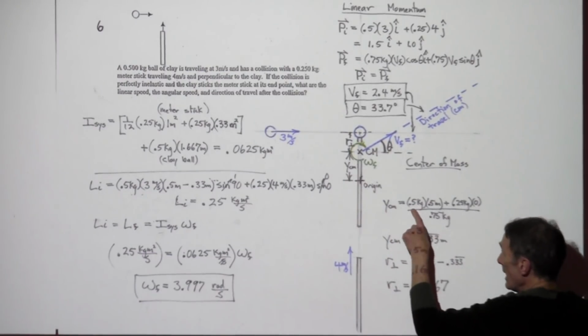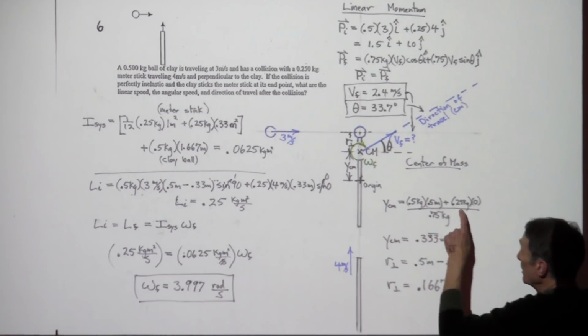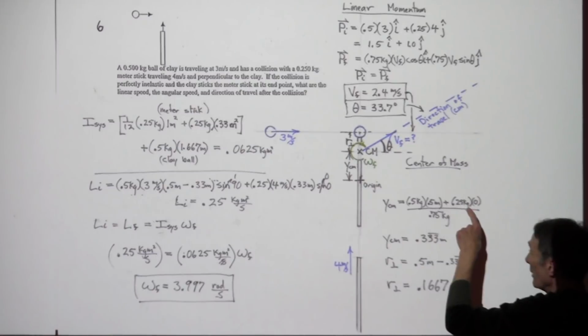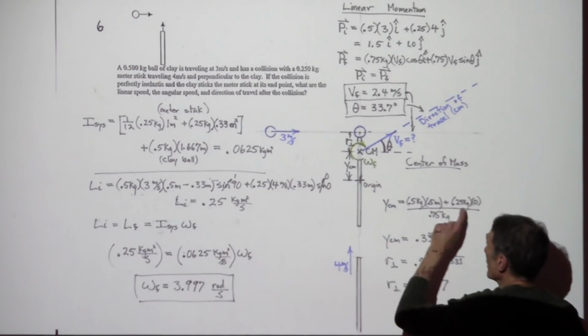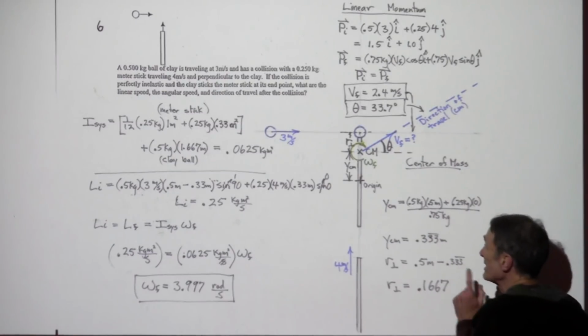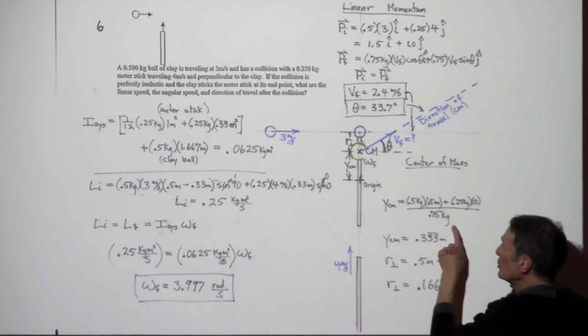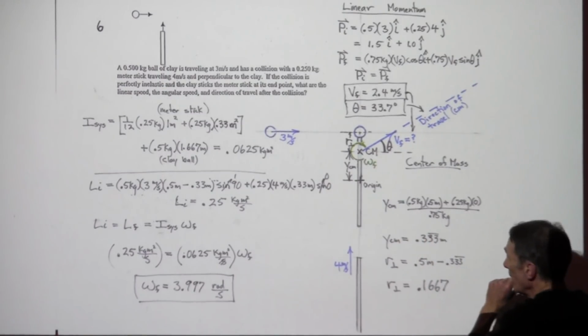So that'll be the mass of the clay ball times its position, plus the meter stick, 0.25 kilograms, but its center of mass is going to be at my chosen origin, so that's going to be 0. It's going to simplify my math a little bit. And then I'm going to divide by the total mass, which is going to be the clay ball plus the meter stick.